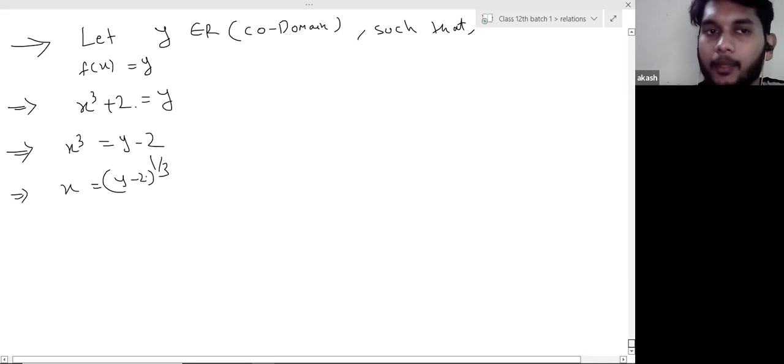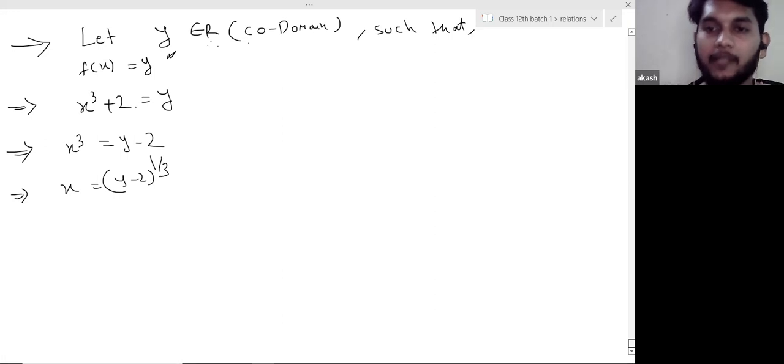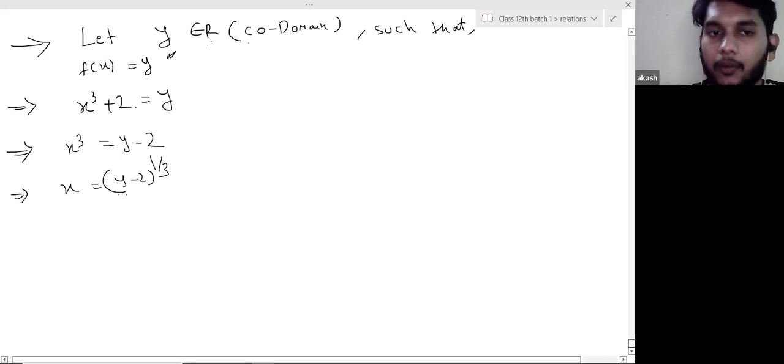All right. I hope this is clear. Now, what is y? y is any number from the codomain, right? And what was the codomain? The codomain is R. R means real numbers. So y can be any real number, from minus infinity to infinity, you can choose any value for y, right?